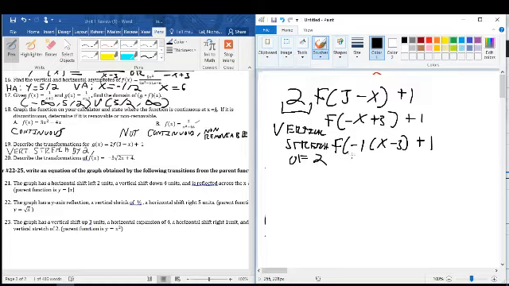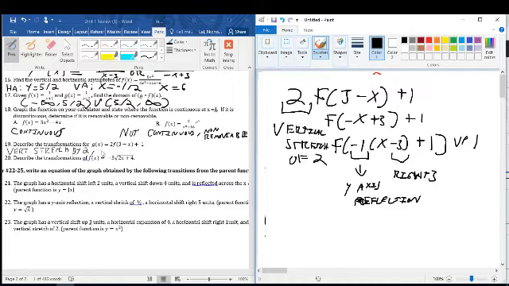So the negative 1 is going to be a y-axis reflection, right 3, and up 1.